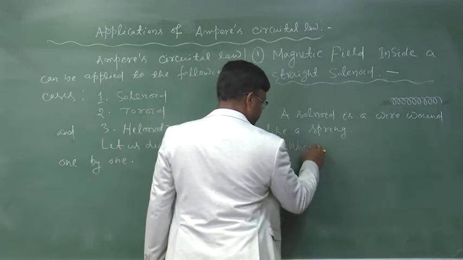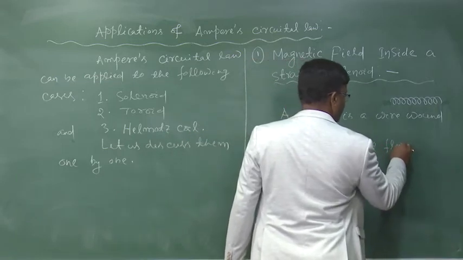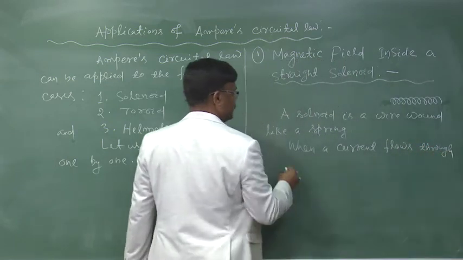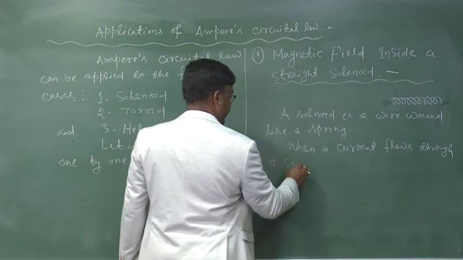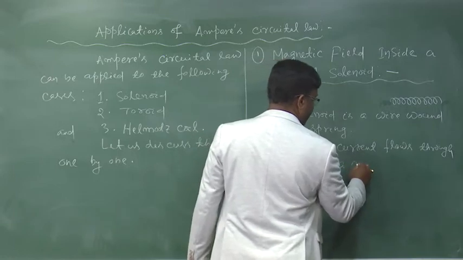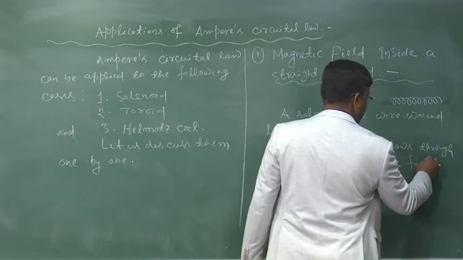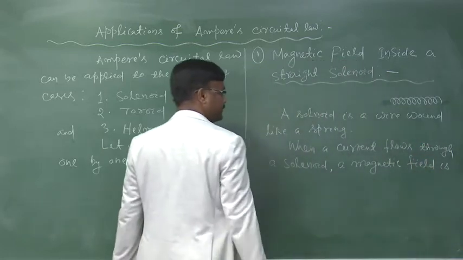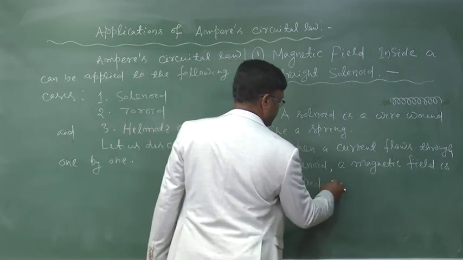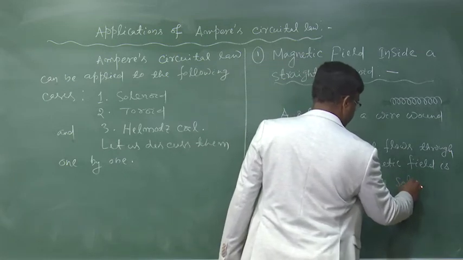When a current flows through a solenoid, a magnetic field is developed around the solenoid.